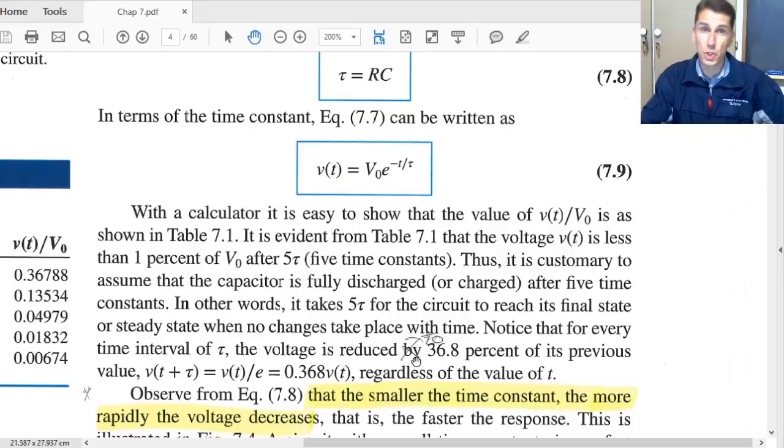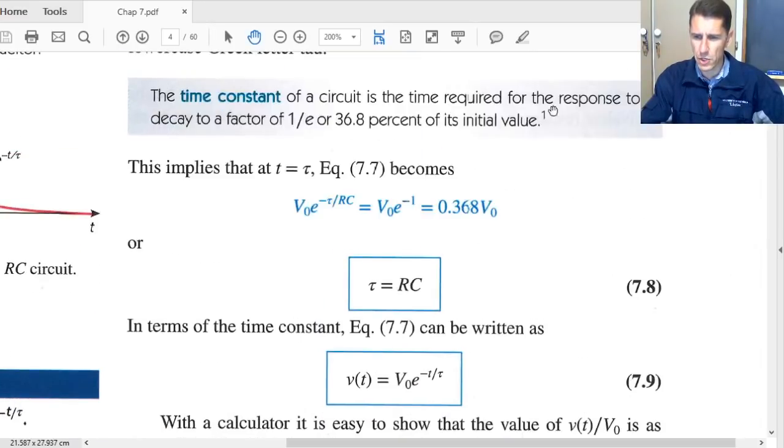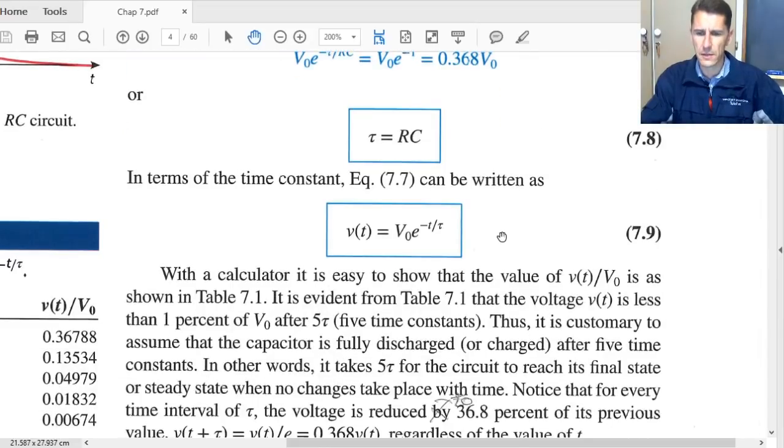Now it's reduced to 36.8% of its previous value. They actually have it correct in the definition here: for the response to decay to a factor of 36.8% of its initial value. So there they've stated it correctly.